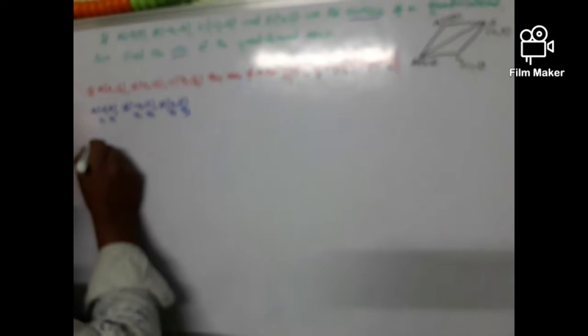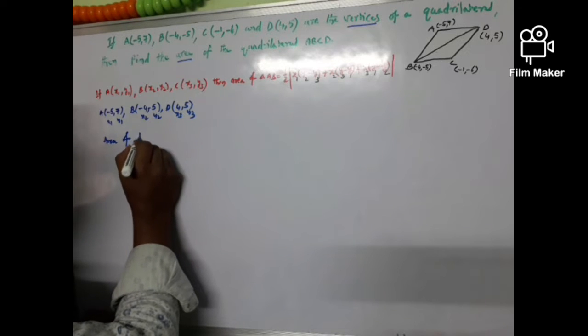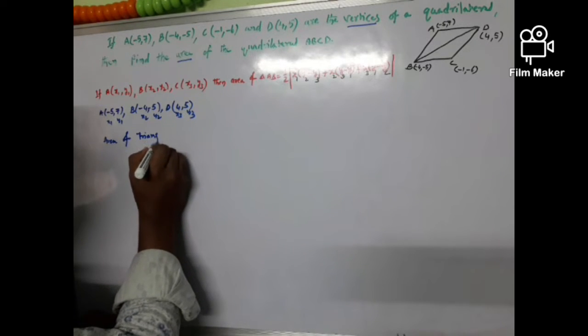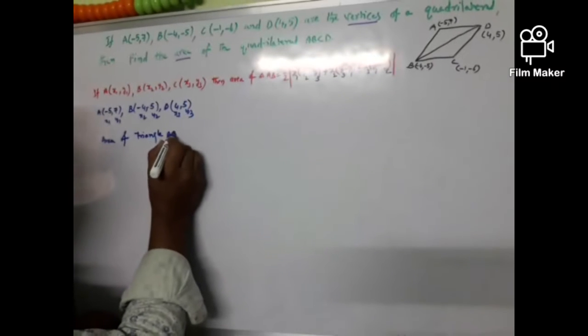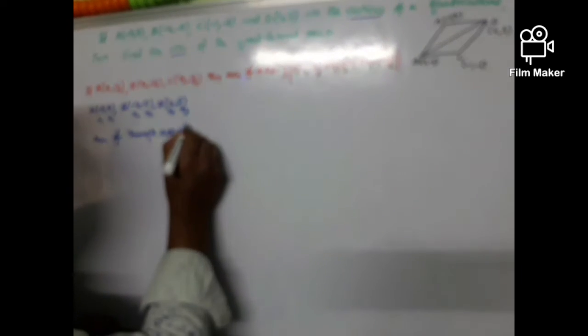Area of triangle ABD is equal to half mod.